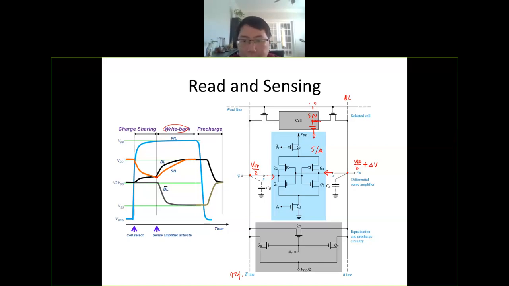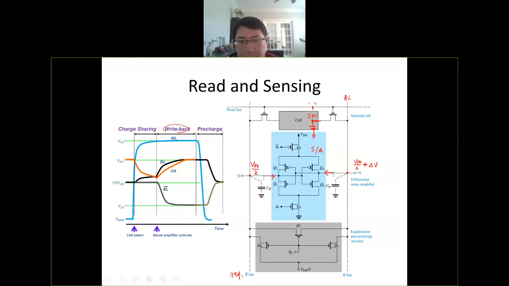So here we're going to have this sense amplifier to detect the difference between this half VDD and half VDD plus delta V. This sense amp is based on a cross-coupled latch. It's similar to the SRAM we discussed before. You see here Q1, Q2, Q3, Q4, two inverters cross-coupled.